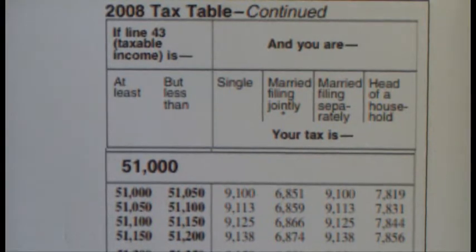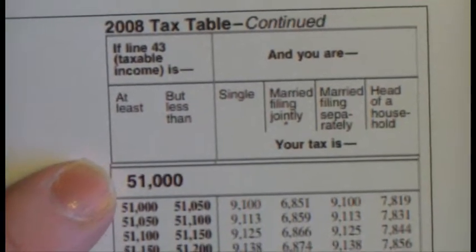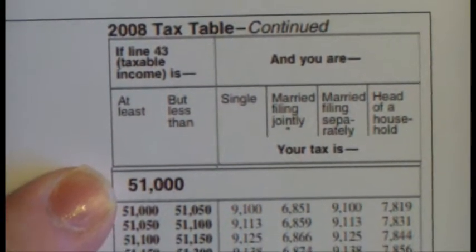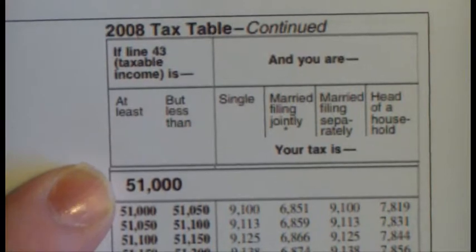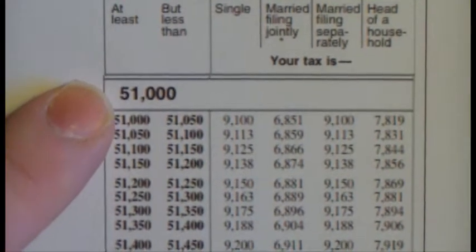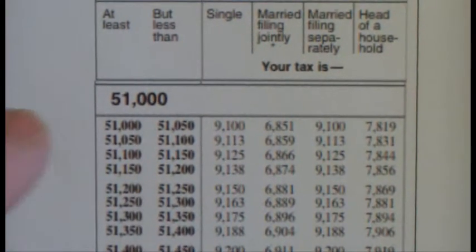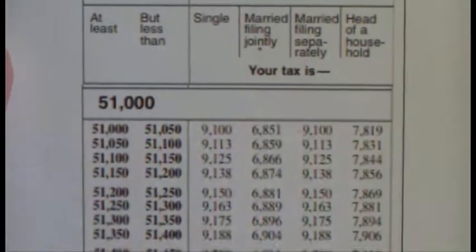So tax table looks like this. This one tells you to the nearest thousand what the incomes are. So if you make $51,000 but less than $52,000, your taxes are going to be listed somewhere in here.